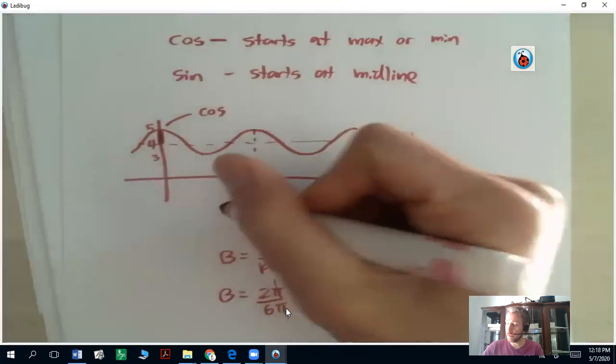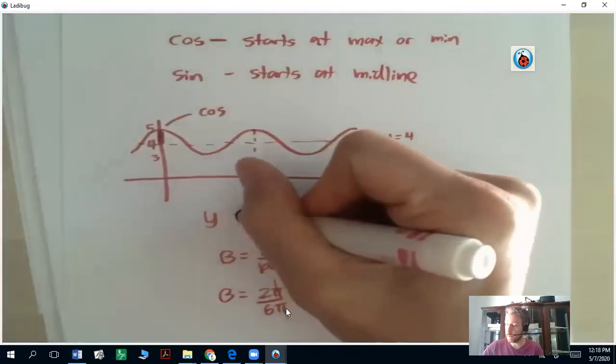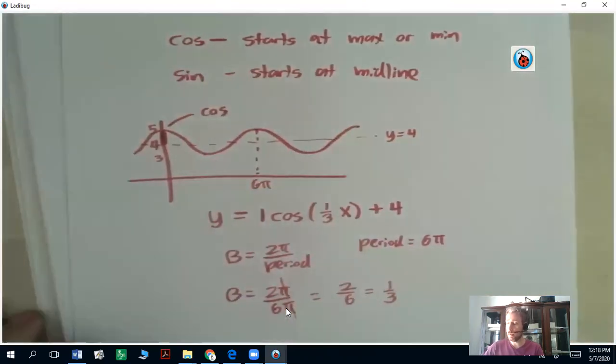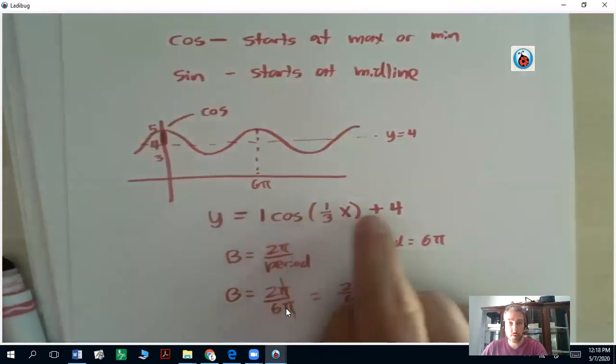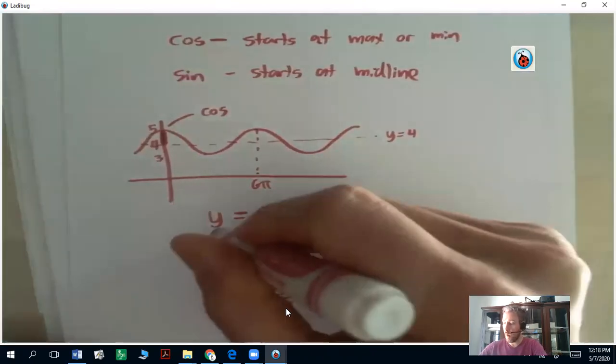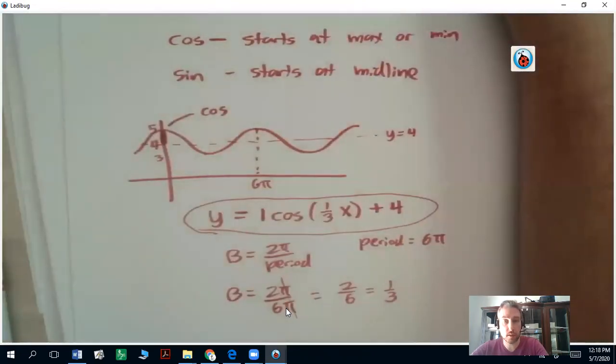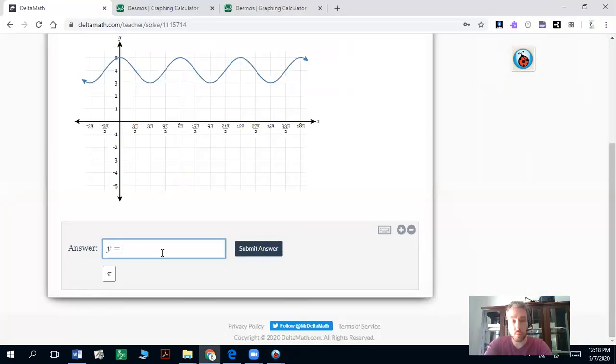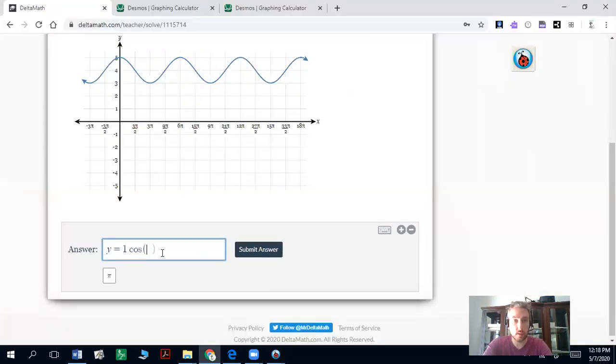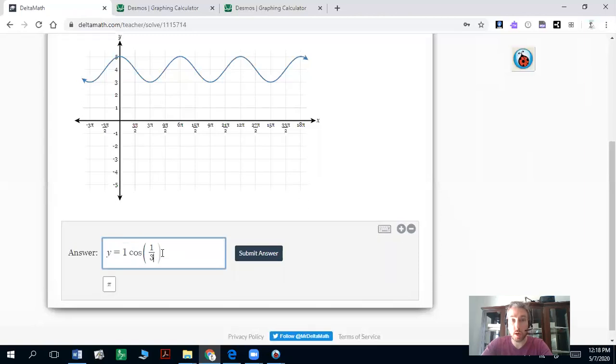Now, because we're writing a function, we want to have y equals. Don't forget the y equals when you're putting these in. So these are the numbers you want to put, just like this. Y equals 1 cosine parentheses 1/3 x, close parentheses, plus 4. Let's see if that works. Y equals 1 cosine 1 divided by 3, right arrow, x, close parentheses, plus 4.